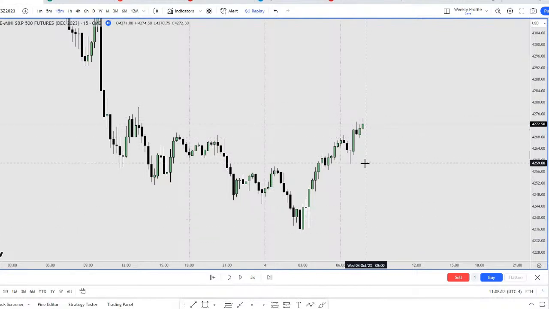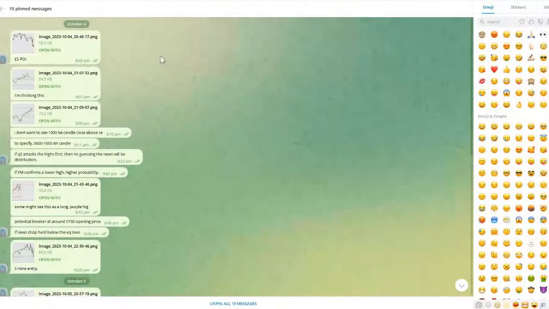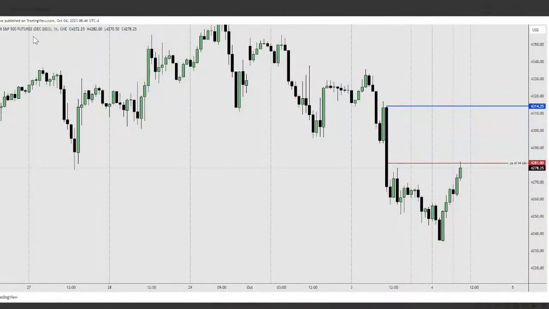Okay, so jumping into the pinned message here, I have marked out the consequent encroachment of the 4-hour CB and also the buy side above, for this particular day. So I'm waiting for the candle closing of 10 o'clock because right at 10 o'clock there will be a new 4-hour candle.